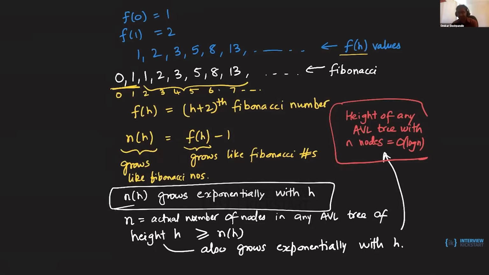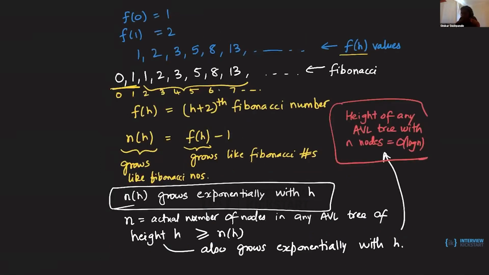But that is true for any exponential versus logarithm, because if you take 2 to the power 3, it is 8. Then if we take the logarithm of 8 to base 2, it is 3, right? So it's true for any exponential or logarithm, because they are inverse functions, as you said, but we still had to prove that n grows exponentially with h.